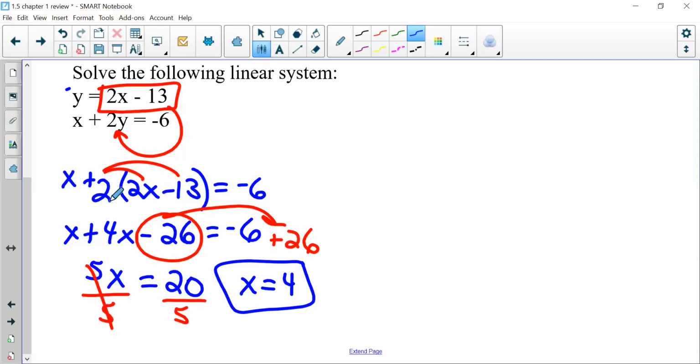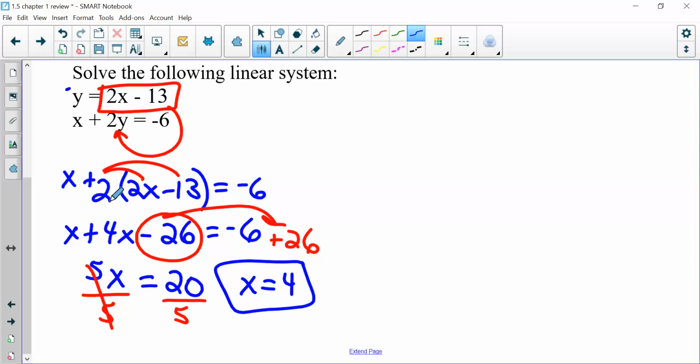Yes. And then it becomes algebra. So we solve for x. Yeah, this is definitely your algebra chapter of distribution, collect like terms, solve. But it was a matter of how did you get there, Patrick? So the y came out and that went in. So it was 2y, but now it's 2 times this, substituting 2x minus 13 for y. Yes.